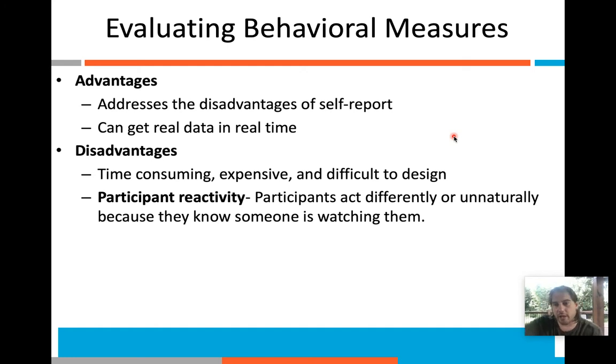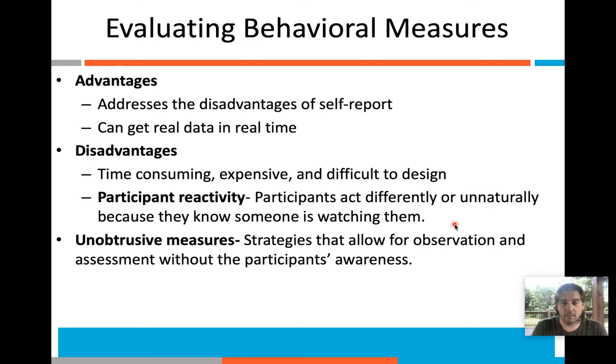So you have a playroom where you bring children, and then next to the playroom is another room where you can watch the children play, but it's like a one-way mirror, right? The children can't see you, but you can see them. And so you decrease the likelihood of this issue of participant reactivity. So this is a problem, but there's ways around it, right? You can mitigate the effects of participant reactivity with, like I just said, unobtrusive measurement strategies.